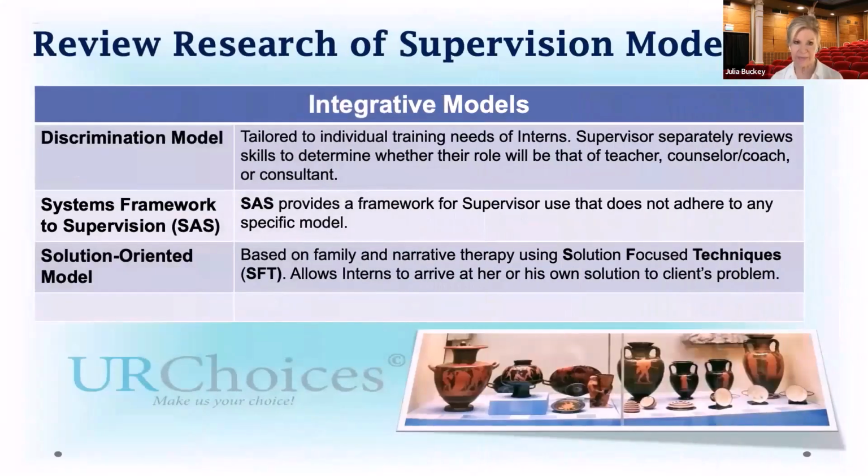Integrative models, here we look at 3. The discrimination model, which is tailored to individual training needs of the interns. Supervisors generally will separate review skills to determine whether their role will be that of teacher, counselor, coach, or consultant.